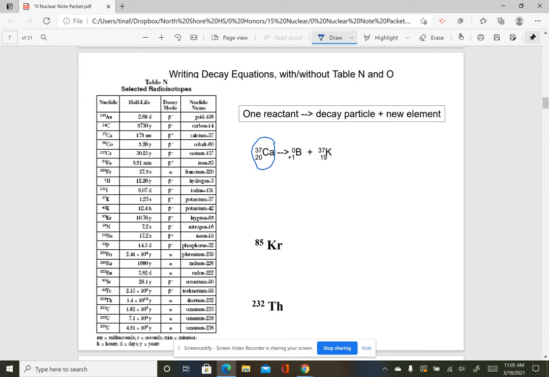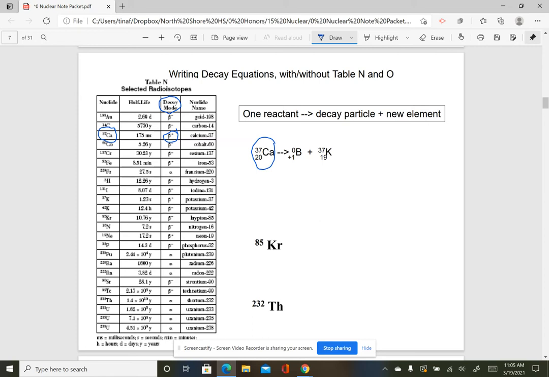Calcium 37 is radioactive, and if it's on table N, that's one way of us knowing for sure that it's radioactive. Now, what table N tells us, if we look in this column right here, the decay mode, it tells us what particle calcium is getting rid of in order to become a more stable nucleus. So calcium is on the left side of my arrow.